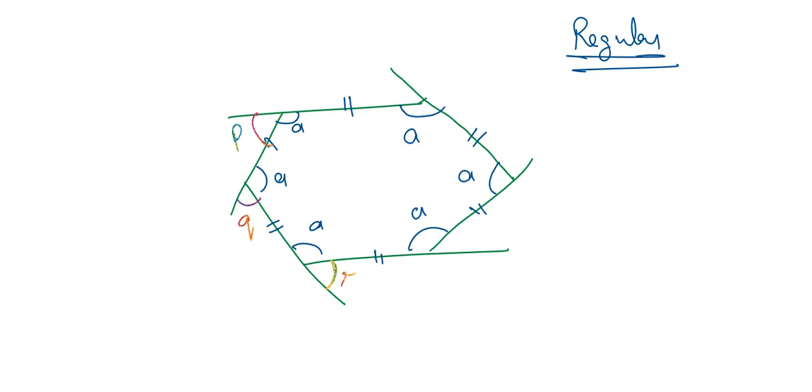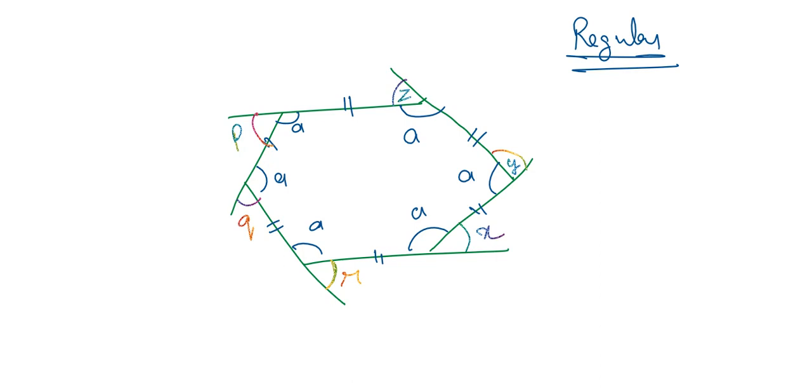Any issues? Okay, no issues. Let us discuss. I have here Y and here Z, so I have X, Y and Z as interior angles, and P, Q, R as exterior angles.